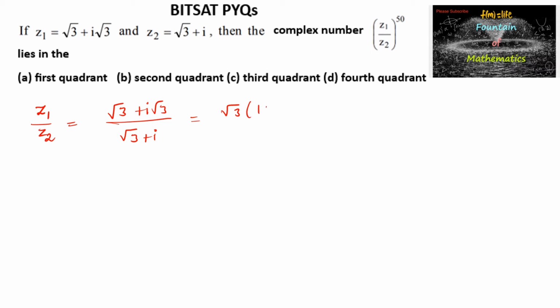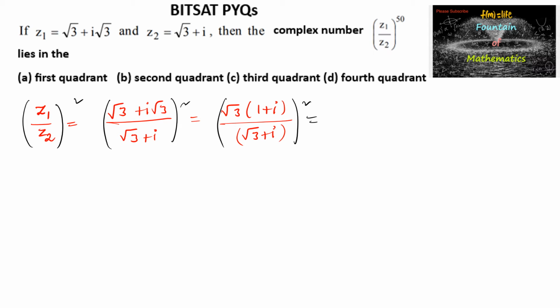Taking root 3 common, 1 plus i upon root 3 plus i. Let's consider its square: root 3 whole square, 3 times (1 plus i) whole square divided by (root 3 plus i) whole square.